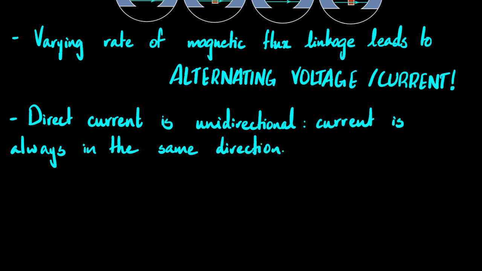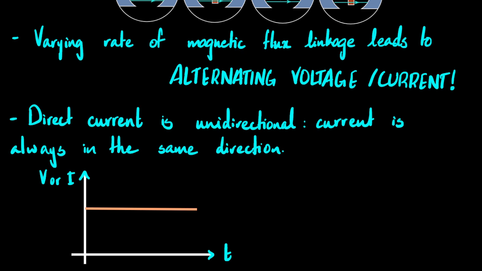So on a graph, again, if we talk about current or voltage here, it's the same thing. So V or I means the same thing. What we get, for example, through our batteries is a current or a voltage which looks like this. So it's always in the same direction. It is not changing direction.